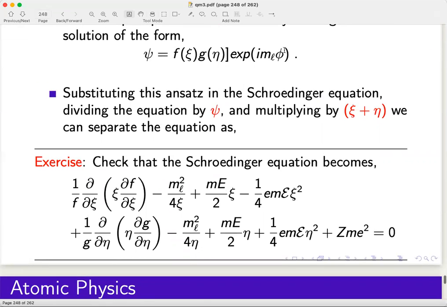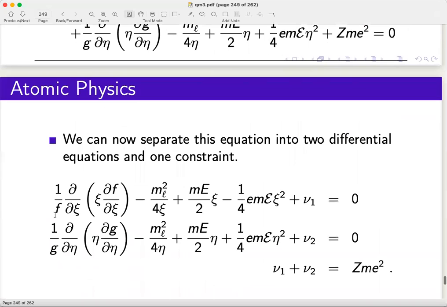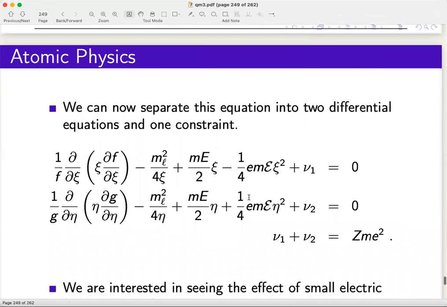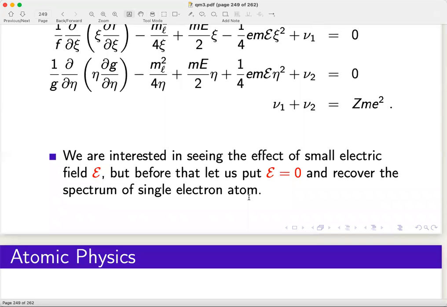You write down your wave function as e to the i m phi, and the other two coordinate equations are identical. So you really have to solve one differential equation and not two. In that sense, the hydrogen atom problem in parabolic cylinder coordinates is in fact simpler than solving it in spherical polar coordinates.